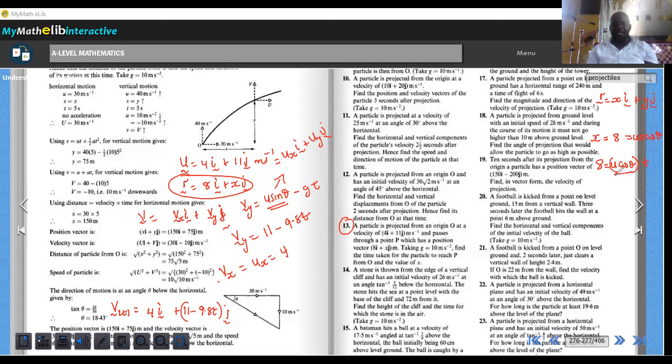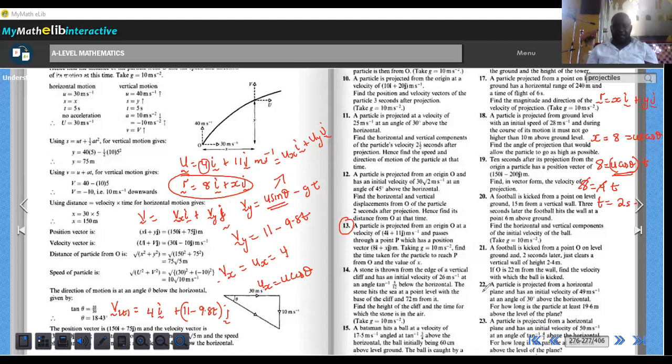This u cos theta is the initial velocity with which it is projected horizontally, because u cos theta, or ux, is always u cosine theta. According to what we have been given, the initial velocity in the horizontal is 4. So 8 is equal to 4t. Then the time it takes to reach that point is 2 seconds. So we have found the time.